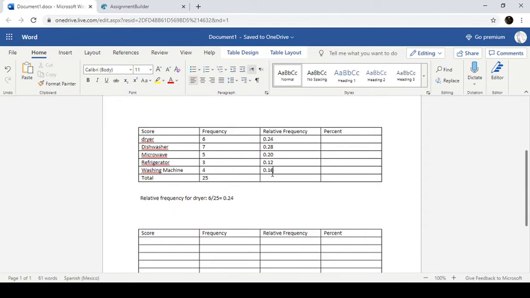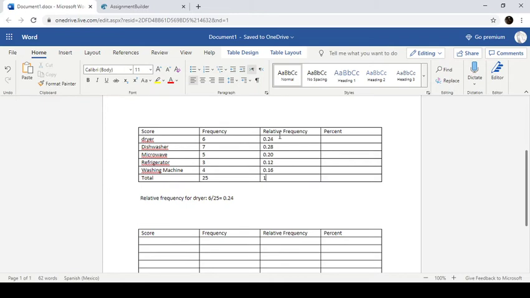Now, if we take up all of these pieces of pie all together and put them back together, we should get one whole pie. So, in the same idea, if we take all of these and add them together, then we should get 1. So, let's just check and make sure that we actually get 1. So, 0.24 plus 0.28 plus 0.2 plus 0.12 plus 0.16 equals exactly 1. So our relative frequencies look correct.